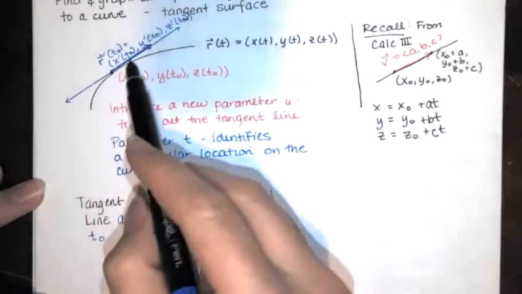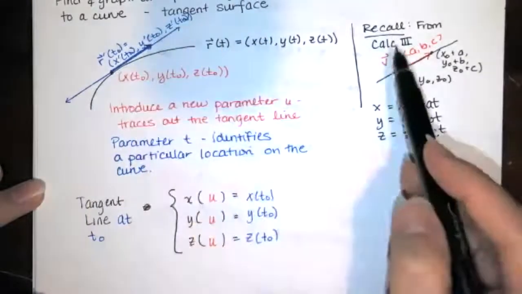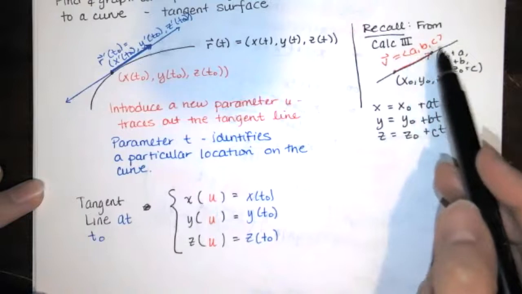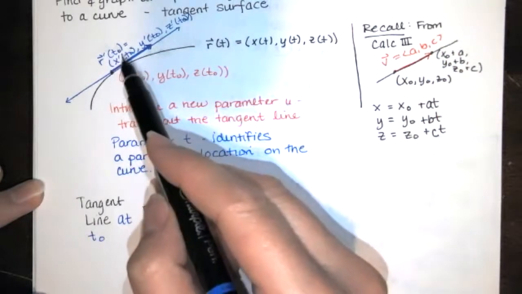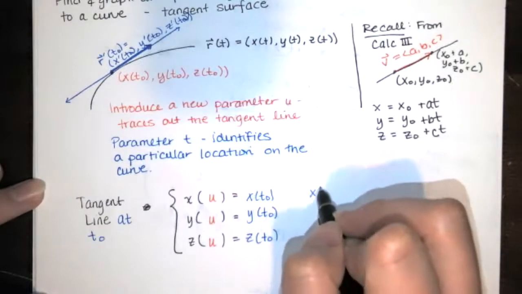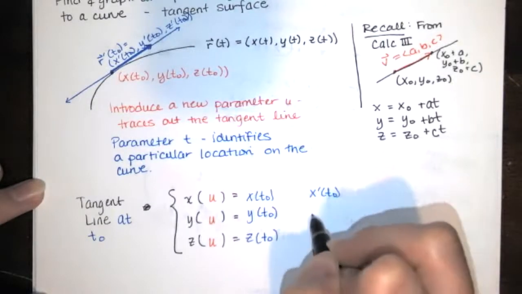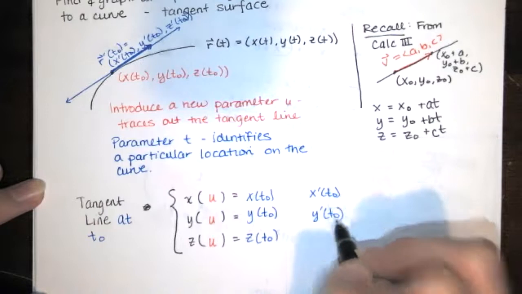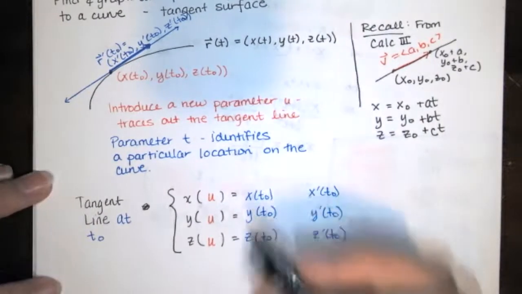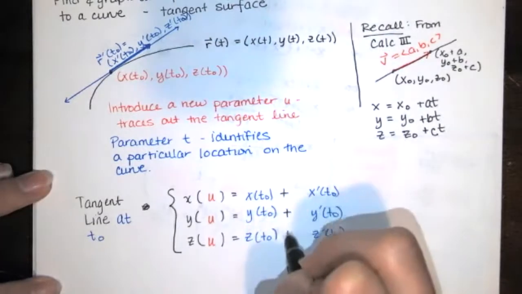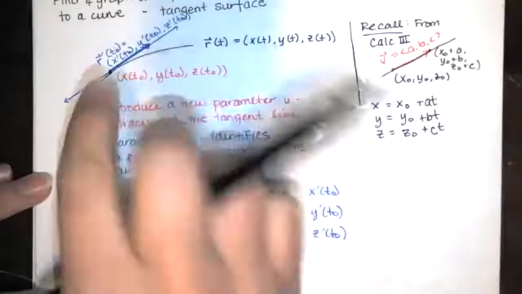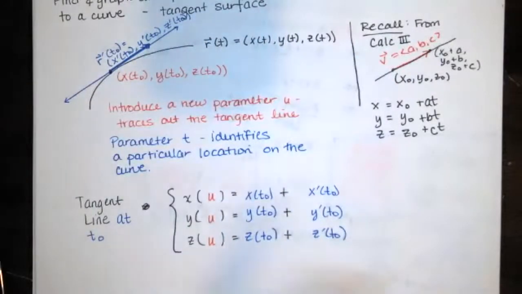And then the velocity vector here, that is represented over here by the direction vector with components a, b, and c, has components x prime of t naught, y prime of t naught, and z prime of t naught. And we take each of those components and multiply by u, and then we add them to that initial location to get the entire curve.